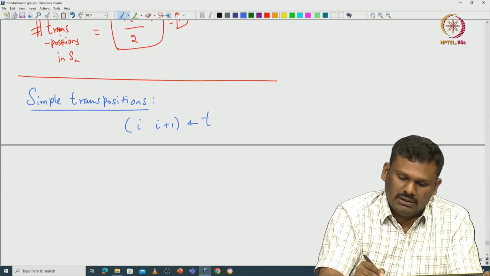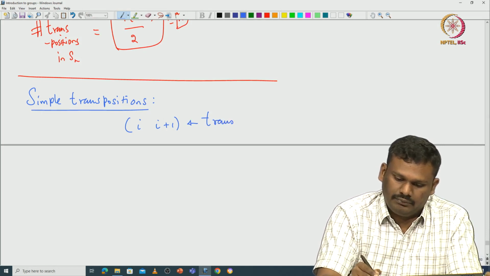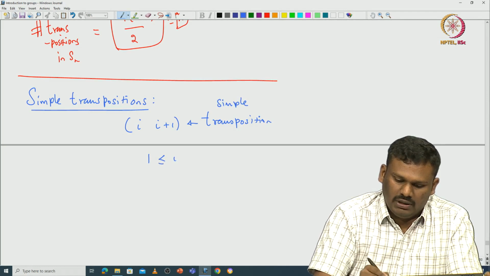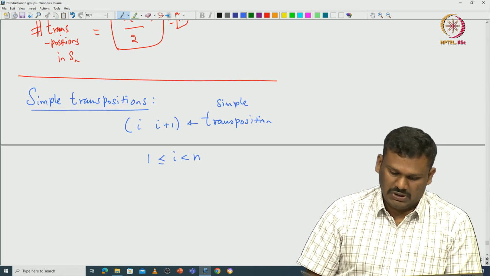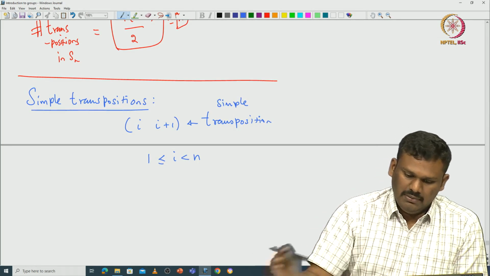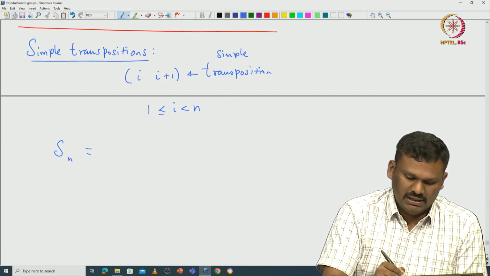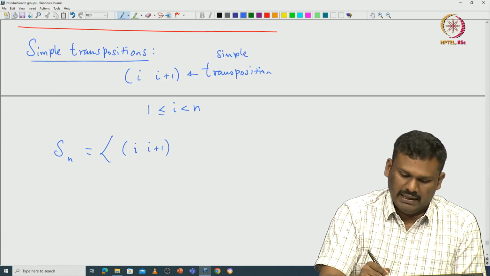So, this is a simple transposition corresponding to i. Of course, i can vary only from 1 to n minus 1. There are n minus 1 simple transpositions. So, the claim is again that the group Sn is generated by these simple transpositions (i i+1).